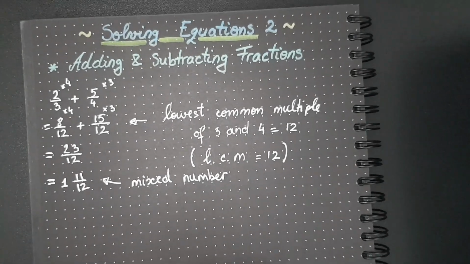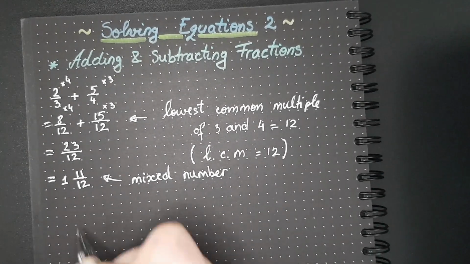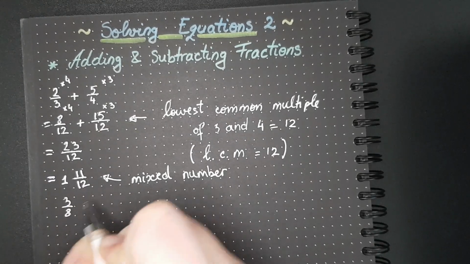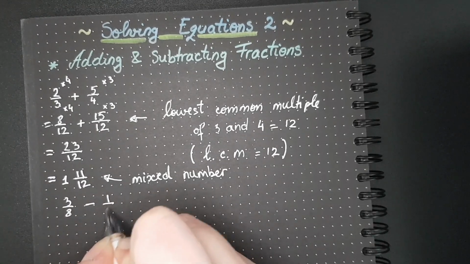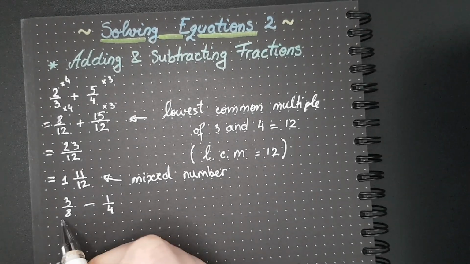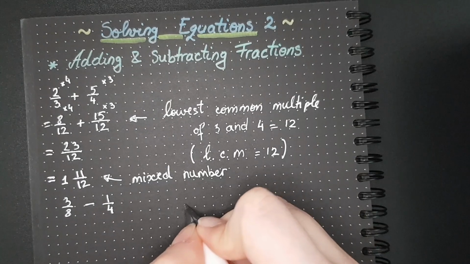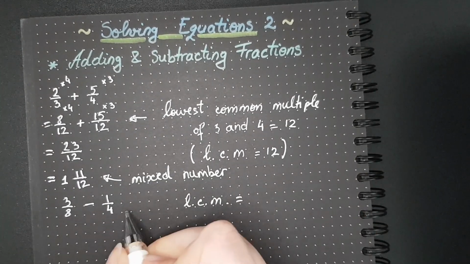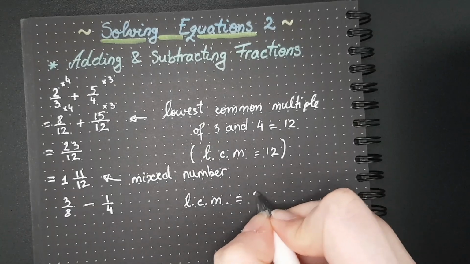I'm going to do a subtraction example as well. So I'm going to go with, let's say 3 over 8, take away 1 over 4. So I'm looking at 8 and 4, so I need their lowest common multiple. And if I look at 8 and 4, it's 8.